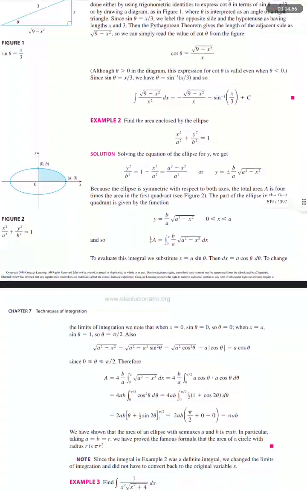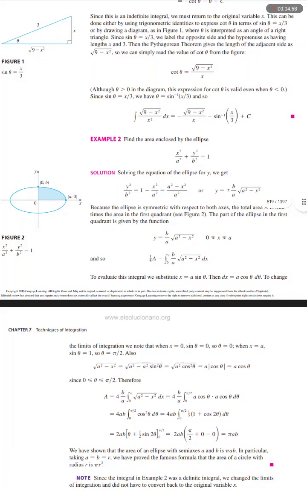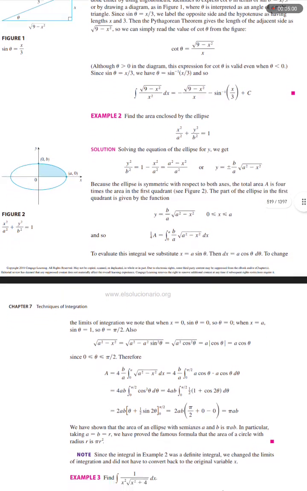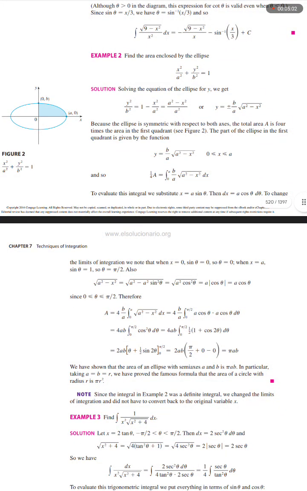Example 2. Find the area enclosed by the ellipse x squared over a squared plus y squared over b squared equals 1.